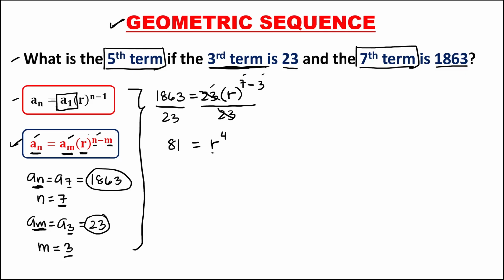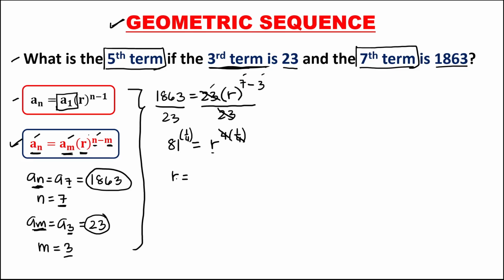Then to solve for r, or the common ratio, since the exponent is 4, we need to multiply this exponent by 1 over 4, and also raise this 81 to 1 over 4 to solve for r.